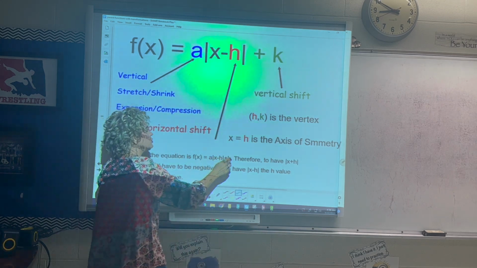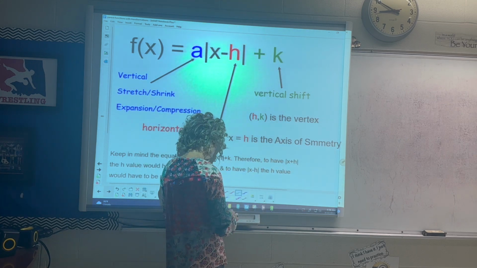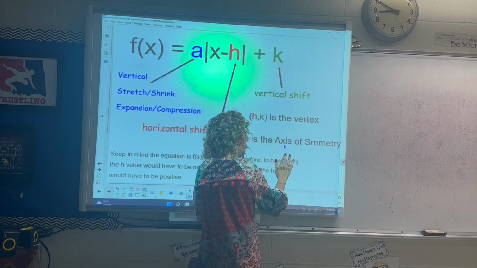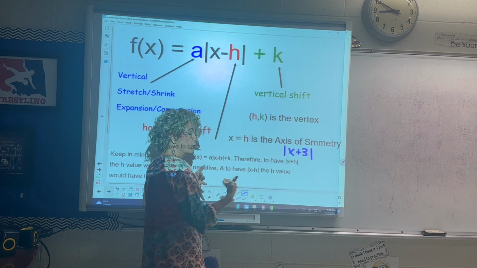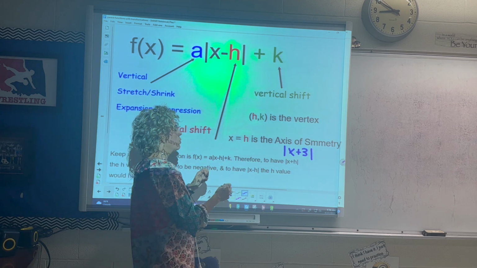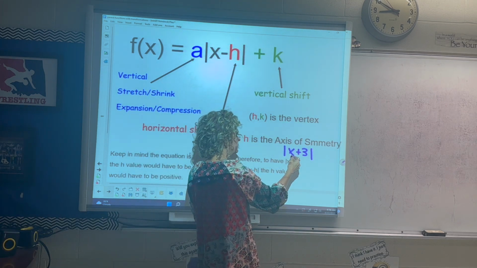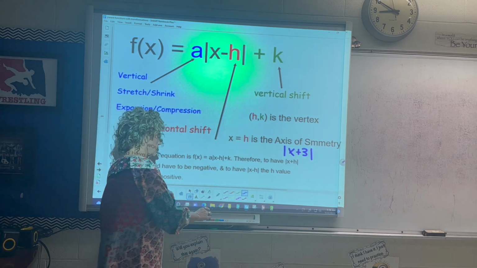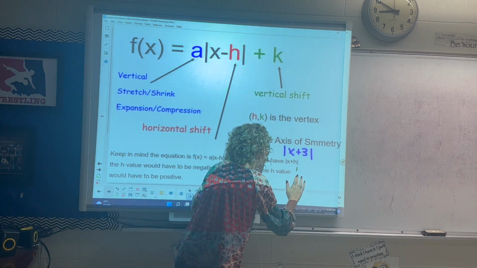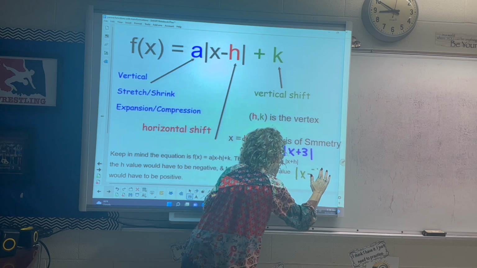Therefore, if we saw something like the absolute value of x plus 3, and we're determining the horizontal shift, in order for it to be a +3, because our vertex form is x minus h, then h would have to be negative, and I can show it would be x minus a -3.